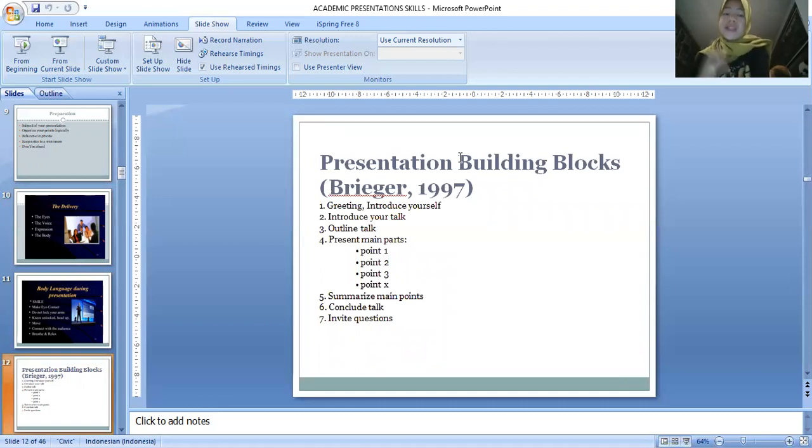And after presenting the main parts, don't forget to summarize main points and conclude the talk. And the last one is invite questions. So this is the most common structure of a presentation. It is taken from Rieger 1997.